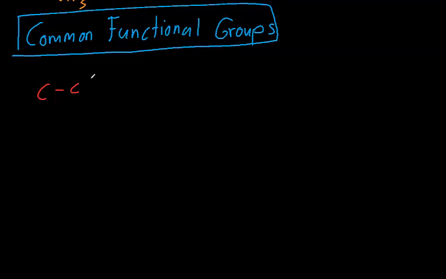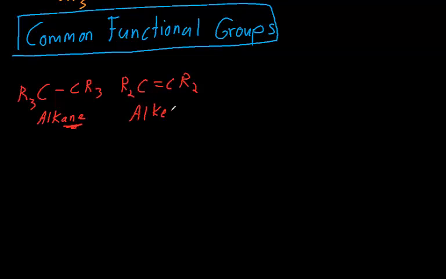Obviously we start off with the easy hydrocarbons, the easiest possible, alkanes, where we just have two carbons single bonded to each other and three different groups coming off of each carbon. This is an alkane. Notice the ANE ending. Then we have alkenes with a double bond.